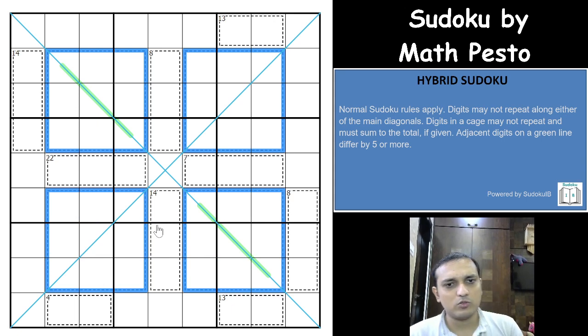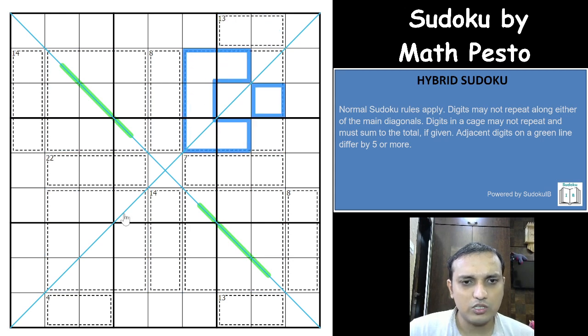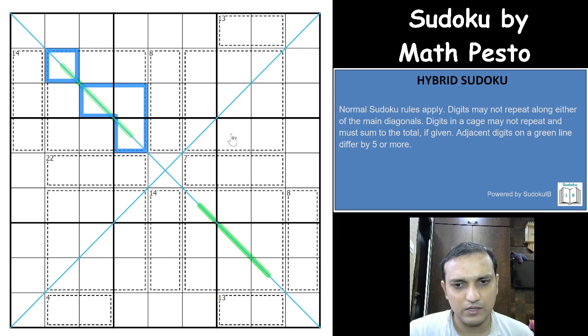You might have come across Windoku a lot. Those are the rules of this Sudoku, very easy to understand. You have killer Sudoku rules, Windoku rules, diagonal rules, and whisper Sudoku rules. That's it, and with that we should be able to solve this Sudoku.